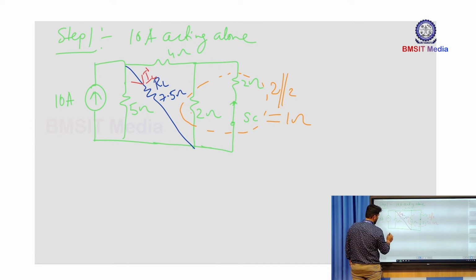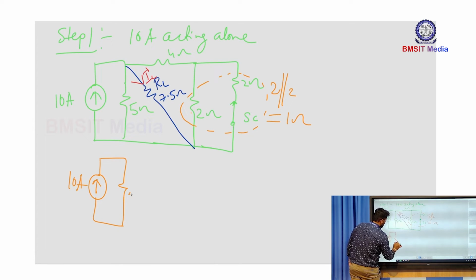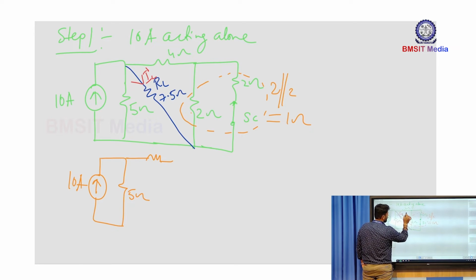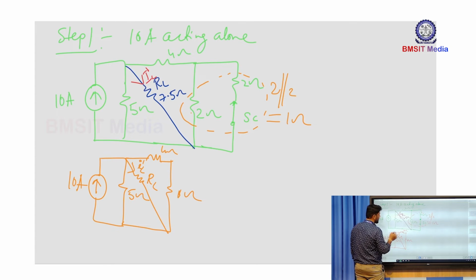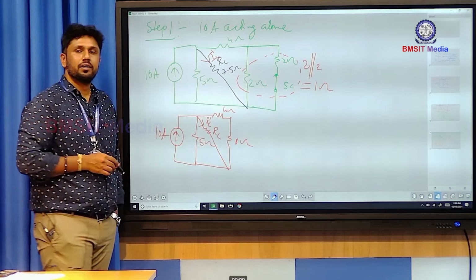So I'll write the equivalent network now. We have the 10 ampere current source and a 5 ohm resistance, and again here we have the 4 plus 1, this is your 4 ohm and this is your 1 ohm resistance, and we have another resistance, your load resistance RL. We are interested in finding IL dash here. So this is the scenario. Now to find IL here, I can go with the KCL or KVL concept.